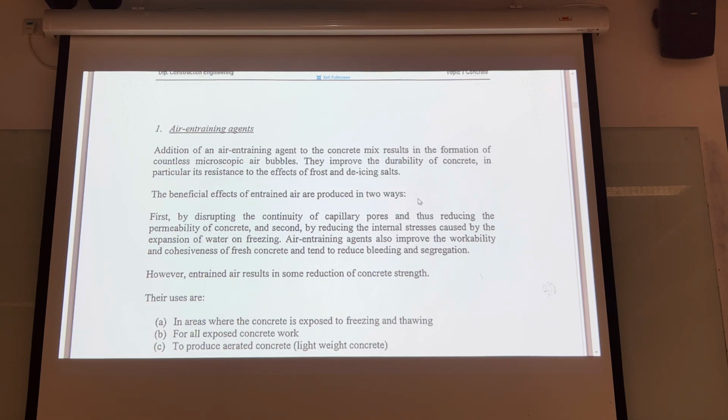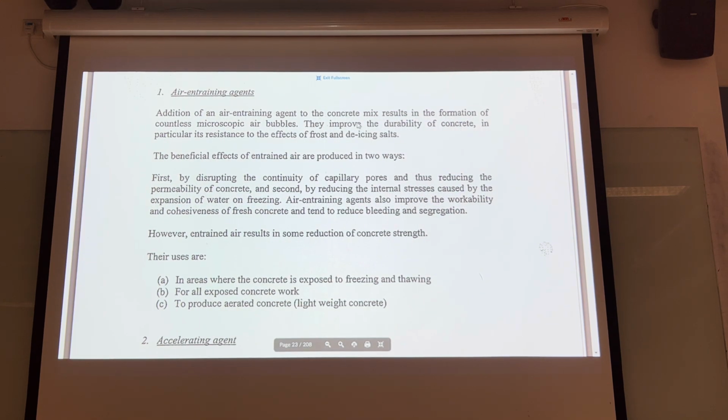Maybe I will ask, for example, air entraining agent. Right, so this whole thing you must know.